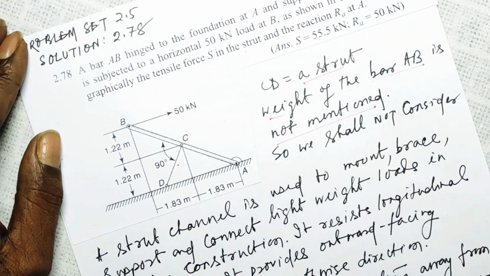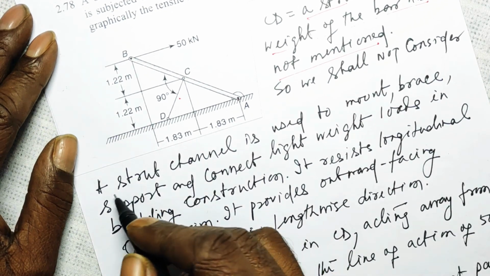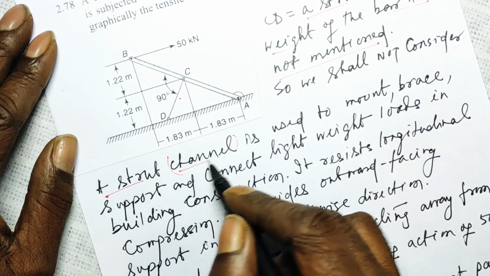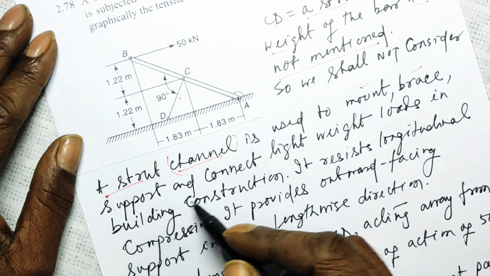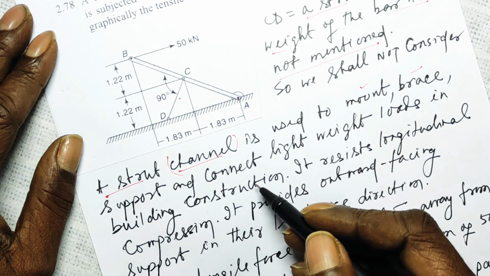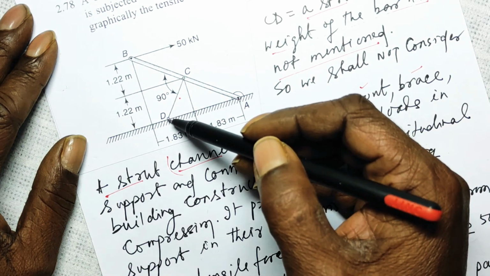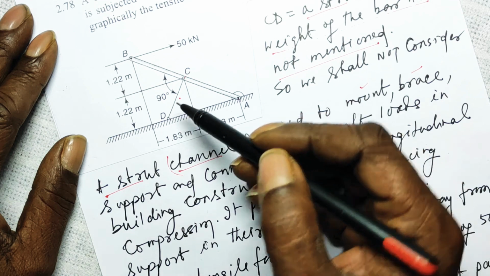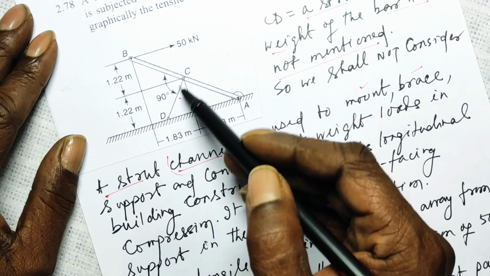Now what is a strut? A strut or a strut channel is used to mount or brace or support and connect lightweight loads. For example, this strut bar CD is connected to the bar AB and it is carrying its load.